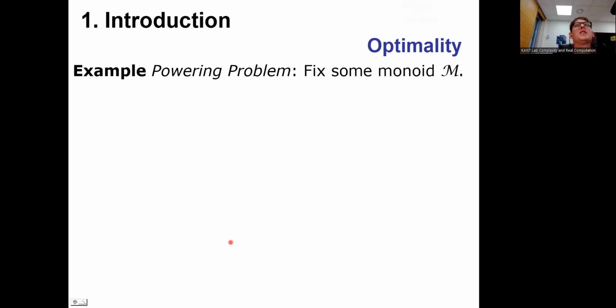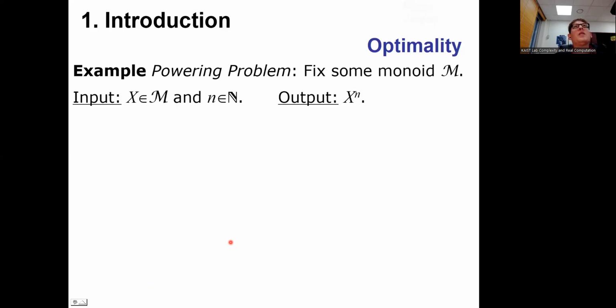For example, integers can be multiplied, matrices can be multiplied, polynomials can be multiplied. Anything that can be multiplied forms a monoid. It doesn't even need to be commutative. My point is, this is a very general hypothesis that you have something that can be multiplied.